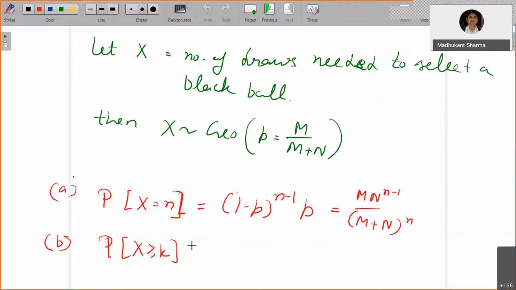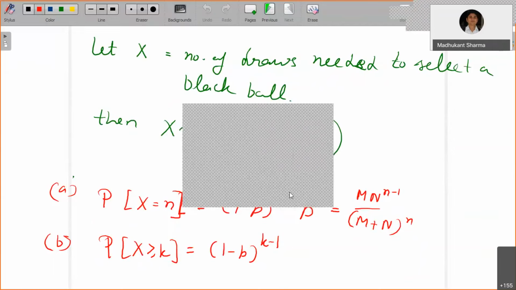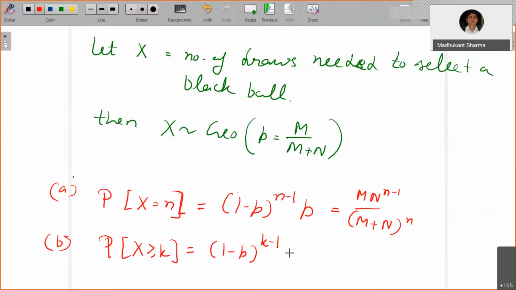That is going to be the failures. You are going to get failure till k minus 1. That will give you, at least k, that should turn out to be 1 minus p to the power k minus 1, because at least k draws are needed to get the success. So the probability is 1 minus p to the power k minus 1.